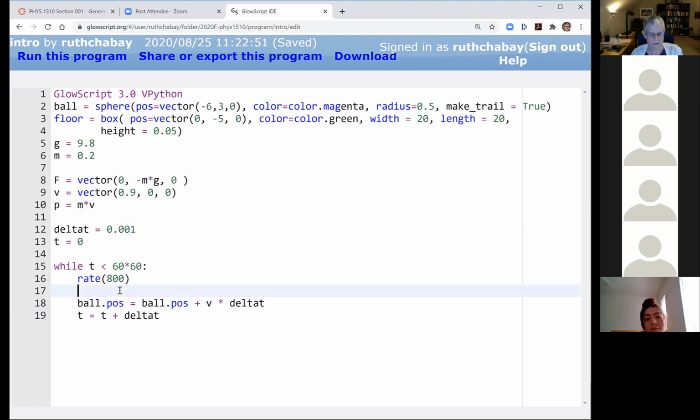And now we're ready to tell it how the force affects it. So what we tell it is that the new momentum of the ball is equal to the current momentum of the ball plus the force acting on it times delta t.